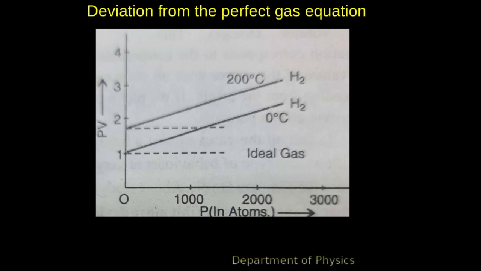To represent the behavior of these gases, he plotted a graph with the product PV along the ordinate axis against the pressure P taken along the abscissa.